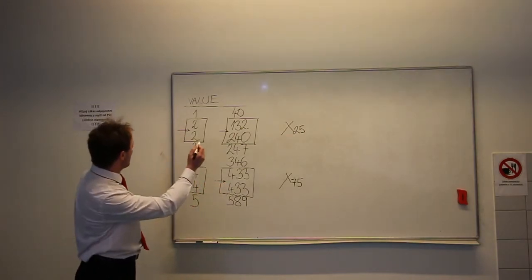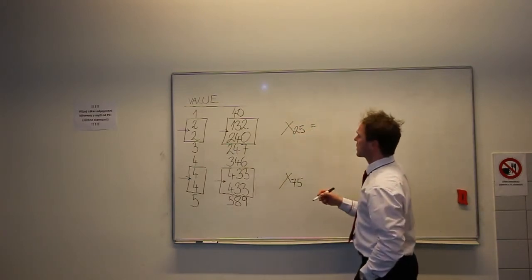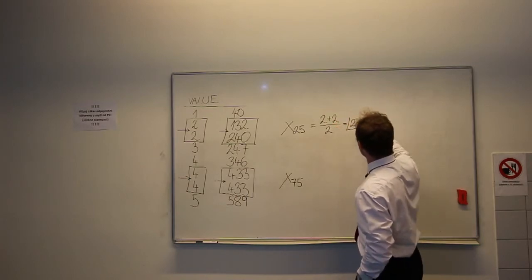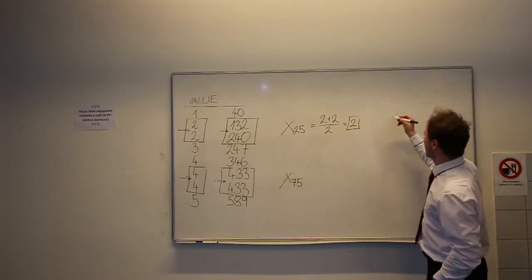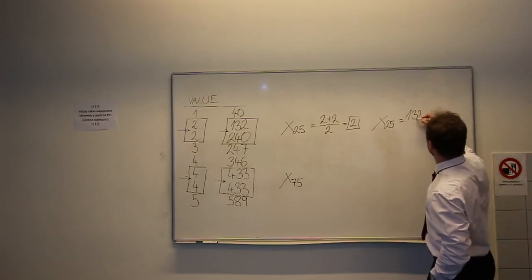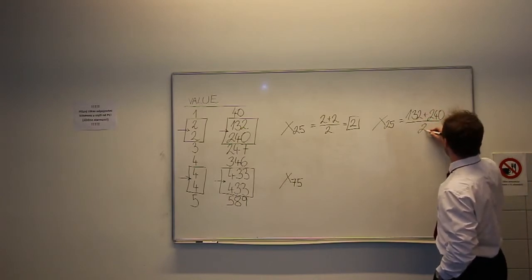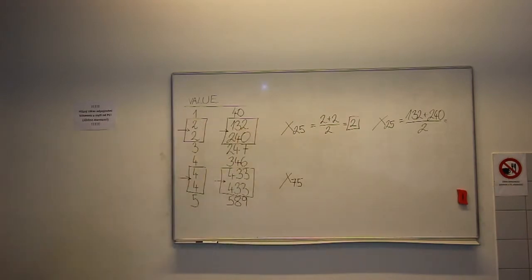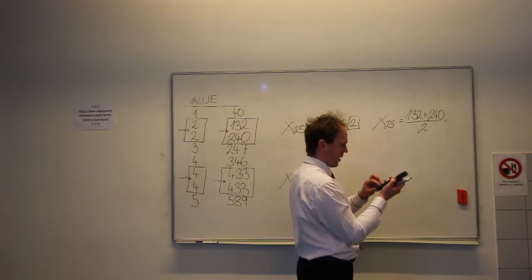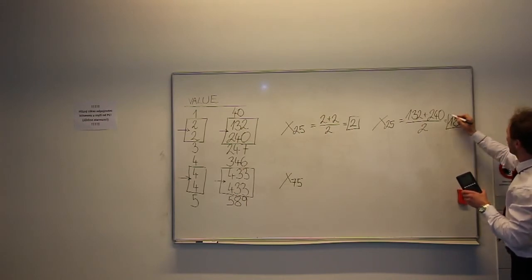So in the case of the first variable, this quartile x25 was 2 plus 2 divided by 2, equal to 2 years. In the case of the second variable, x25 was 132 plus 240 divided by 2, which is 186.